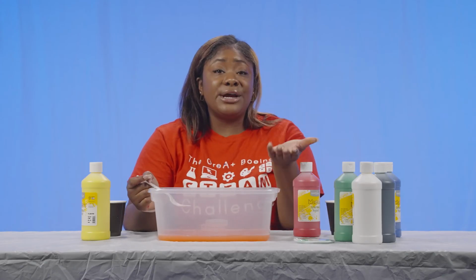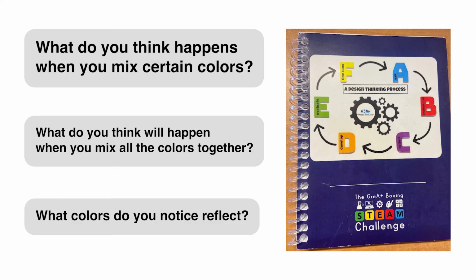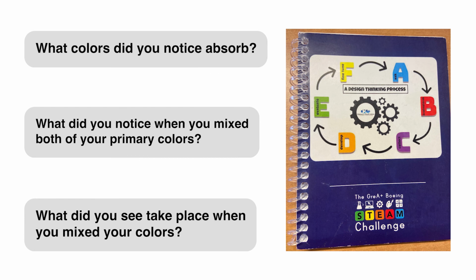So reporter, lead your group discussion by going over the questions from the challenge project to learn what the other members in your group discovered. Question number 1, what do you think happens when you mix certain colors together? 2, what do you think will happen when you mix all of the colors together? 3, what colors did you notice reflected? 4, what colors did you notice absorbed? 5, what did you notice when you mixed both of your primary colors? 6, what did you see take place when you mixed your colors?